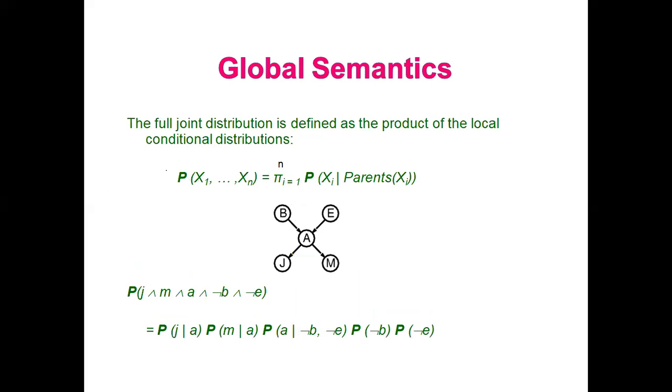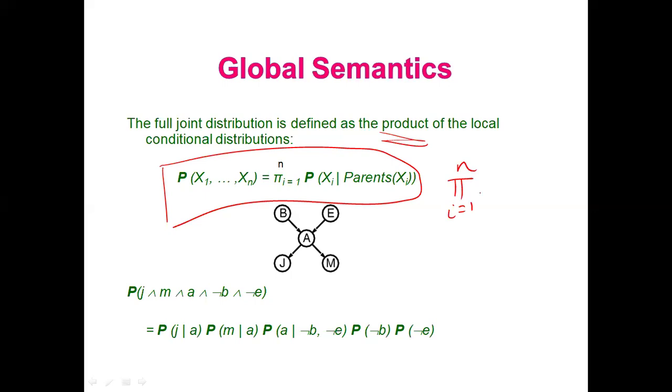And the global semantics, in terms of probability, we will write like this. The full joint distribution is defined as the product of the local conditional probabilities: P(x1, x2, up to xn) is the product for i equal to 1 to n of P(xi given parents of xi). Here, if you are taking the probability of John calls, Mary calls, alarm runs, without burglary and earthquake, it has not happened, but unfortunately the alarm runs.